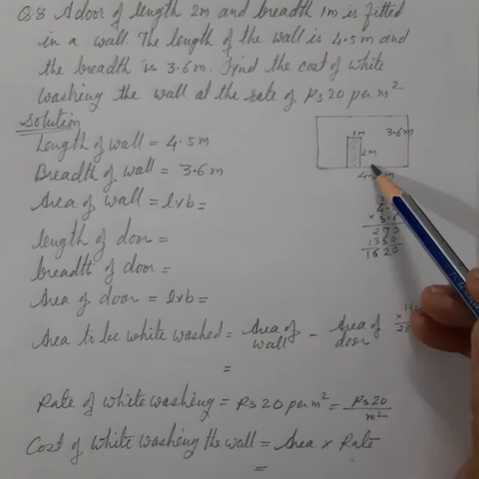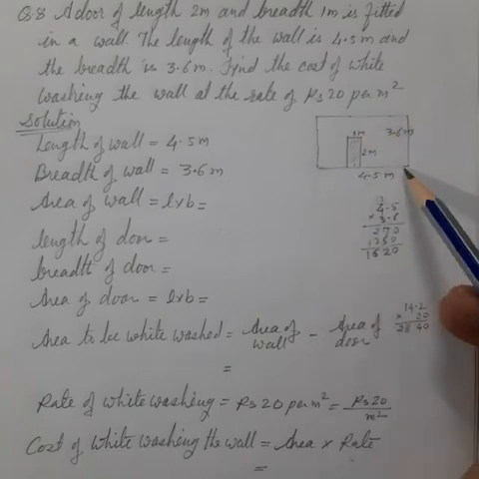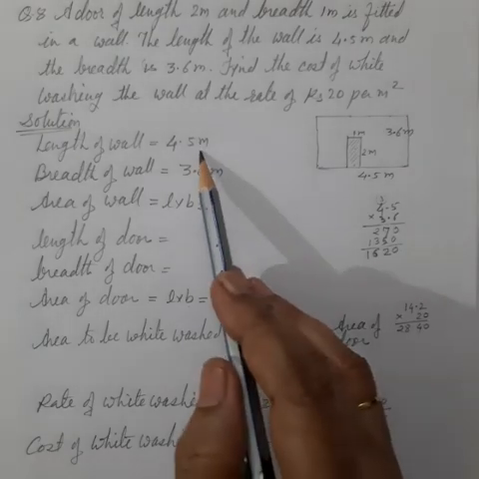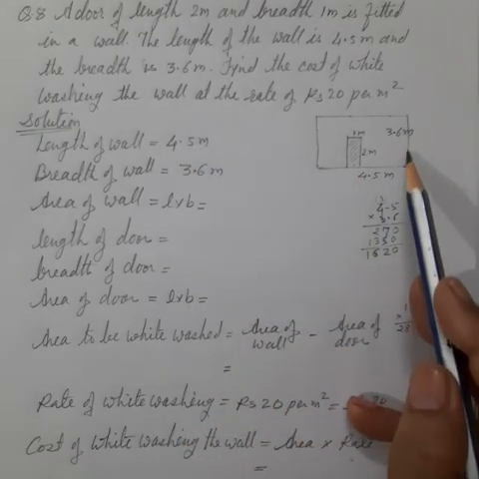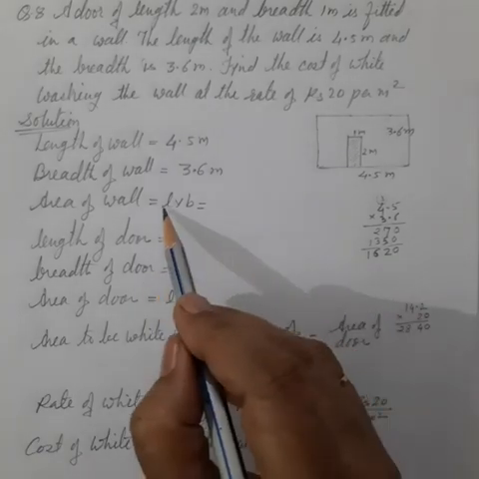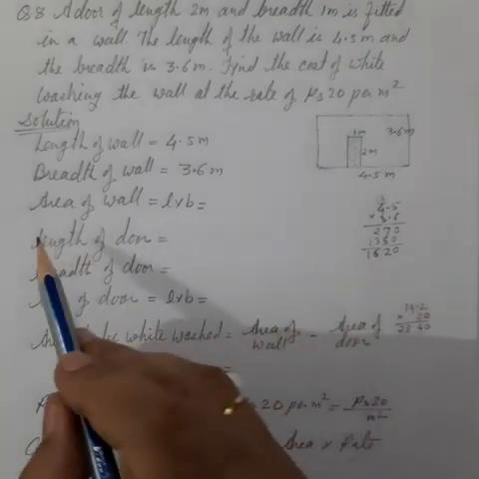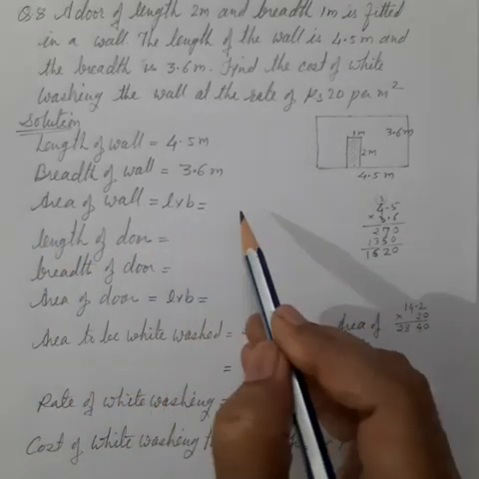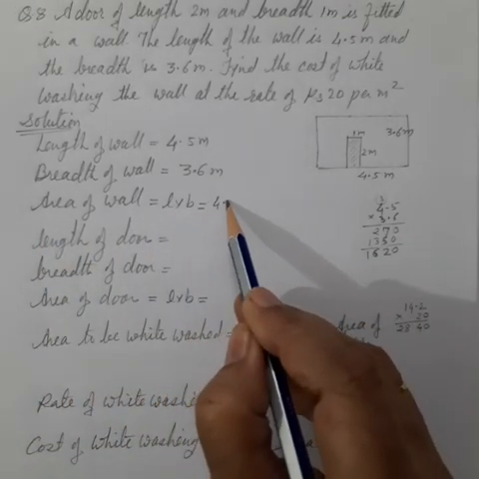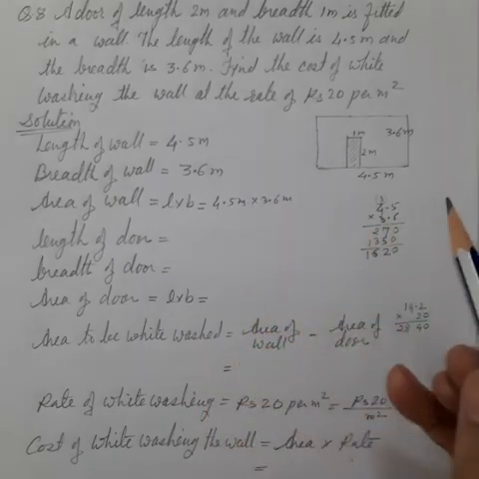So let us find out the area of the wall first. The length of the wall is given 4.5 meter. The breadth of the wall, meaning the height here, is given 3.6 meter. The wall is rectangular in shape, so the area of the wall is length into breadth. Length is 4.5 meter, breadth is 3.6 meter.